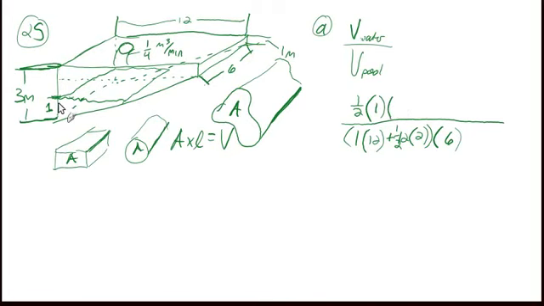Now we've got to figure out this base. Well, if you'll notice, this is going to be a right triangle. This is also a right triangle. They share this angle, so clearly those angles are the same. If they have two of the same angles, then this angle must also be the same. So we have similar triangles, which means that the proportion of any corresponding sides are the same.